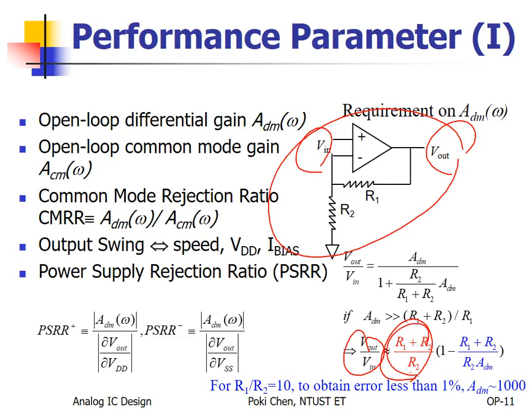Under the assumption the op-amp is ideal, it means the gain is infinite, you don't have any kind of VOS, blah, blah. I don't care. I would like to tell you that if you take the non-infinite gain into consideration, after derivation you will get this.